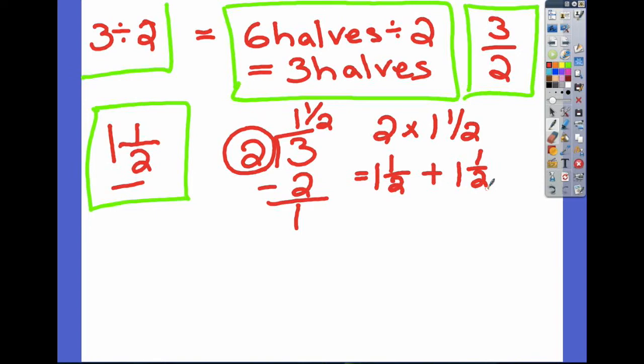Now what do you think I do? Okay, so first I start with my whole numbers. 1 plus 1 is 2. 1/2 plus 1/2 is a whole, or 2 over 2, right?